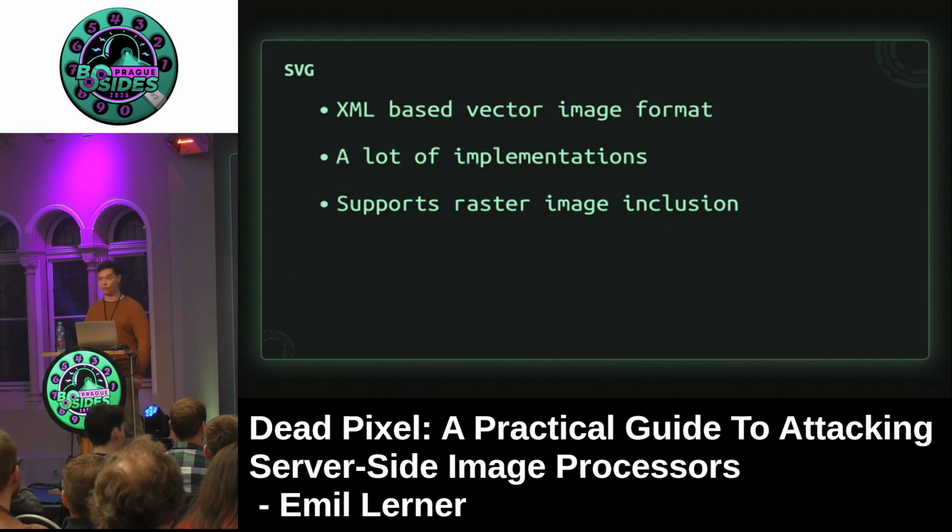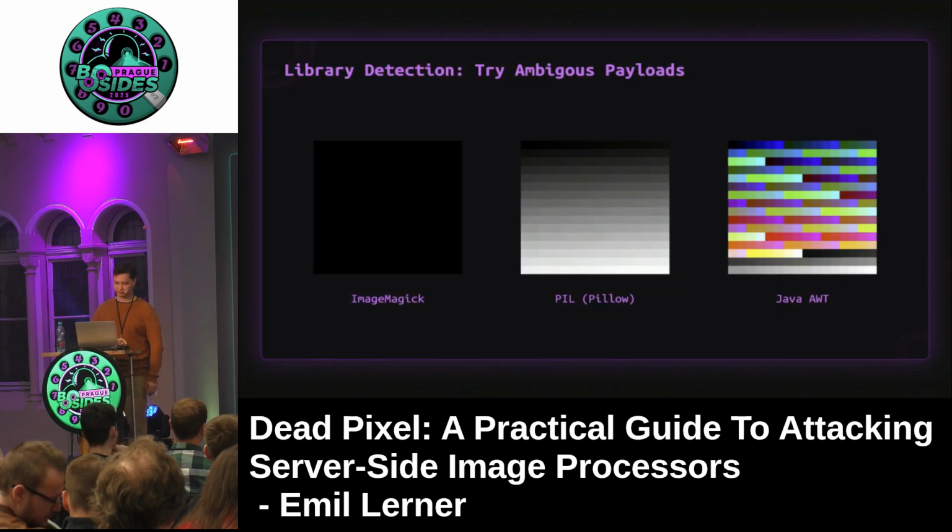It has a lot of implementations, a lot of different libraries. And what's important for today's talk, it supports including raster images. Most security research of SVG focused on including external images. However, today I will talk about including inline images, the images that are inlined into an SVG.